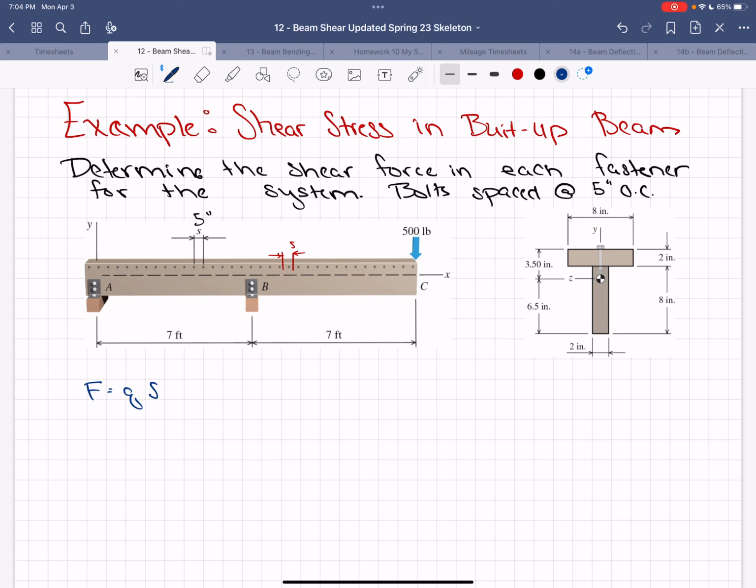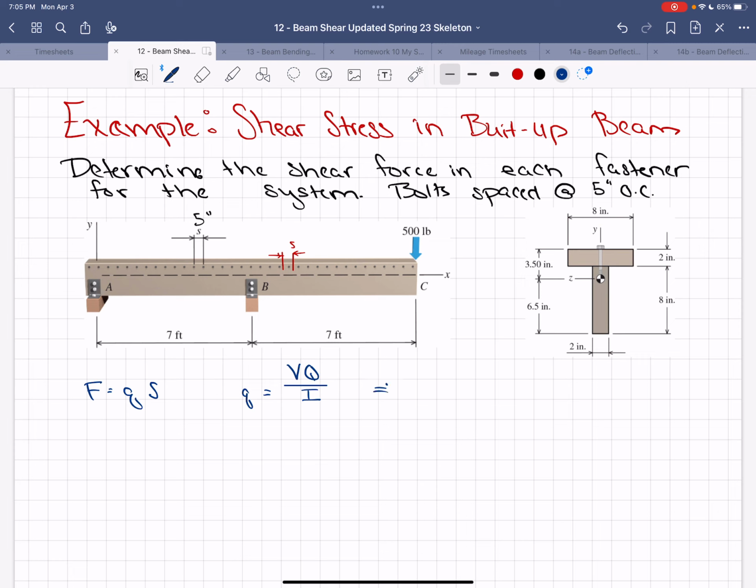And then the shear flow, q, equals the shear force in the beam times big Q, the first moment of the area that we all like to calculate, all over the moment of inertia, which is always the moment of inertia of the whole cross section.